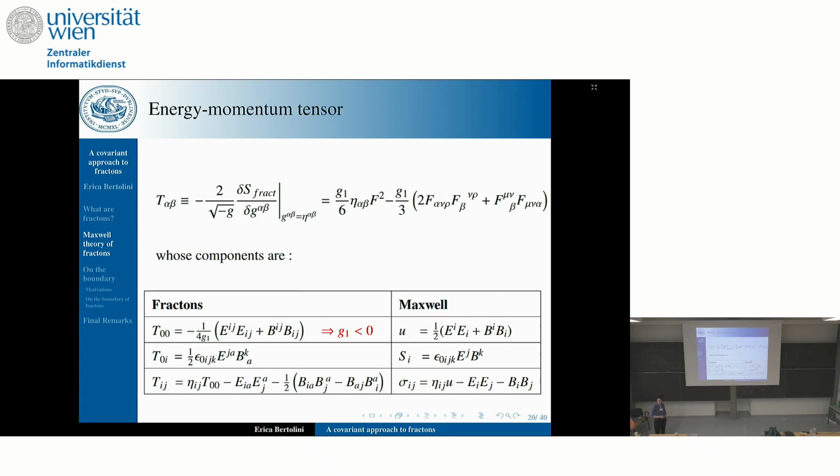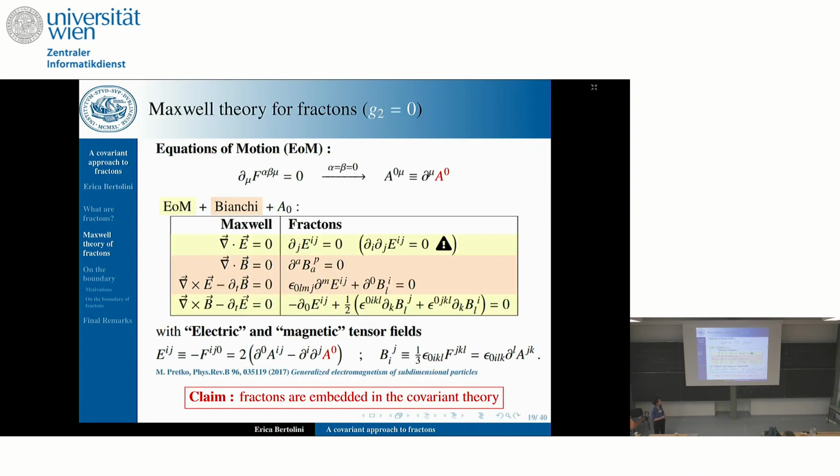Your map to A0 here. Yeah, it's a solution of the equation of motion. Okay. And like if you do couple this. Yeah, no, that's different. Yeah, that's why the covariant theory is helpful in this sense. Yes.